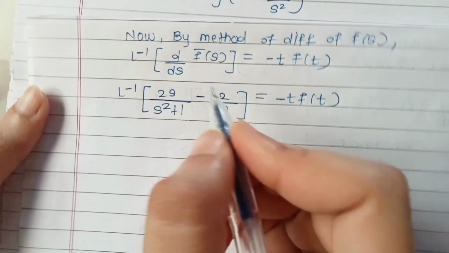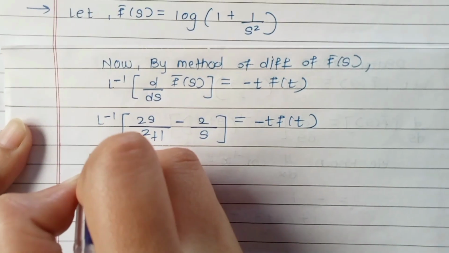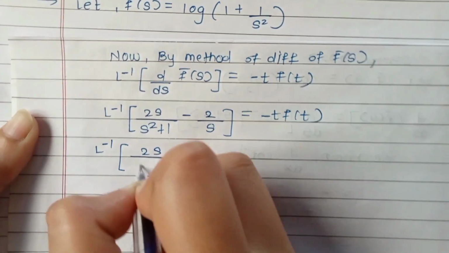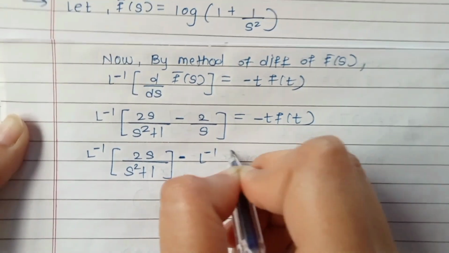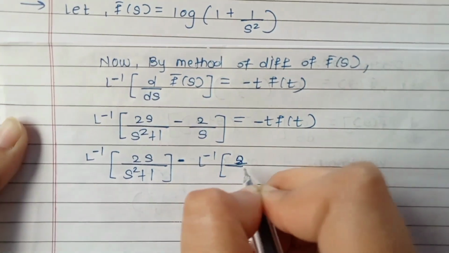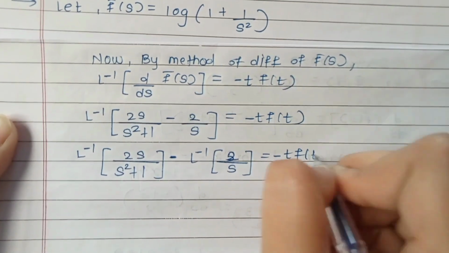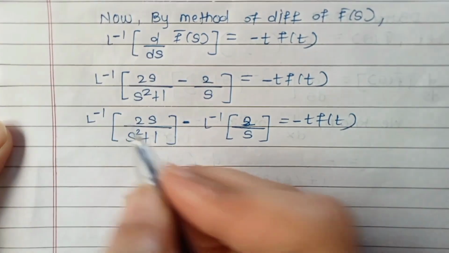Now we can take the inverse Laplace inside and solve. First term, inverse Laplace of 2s upon s square plus 1 minus inverse Laplace of 2 by s is equal to minus t f of t. In the next part, we will take the 2 outside.